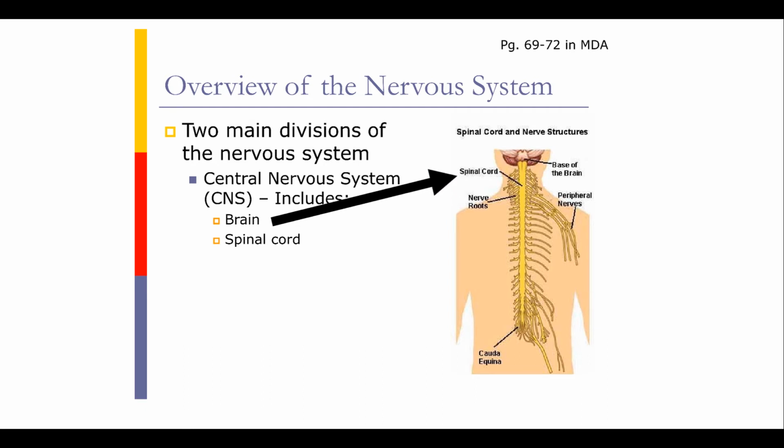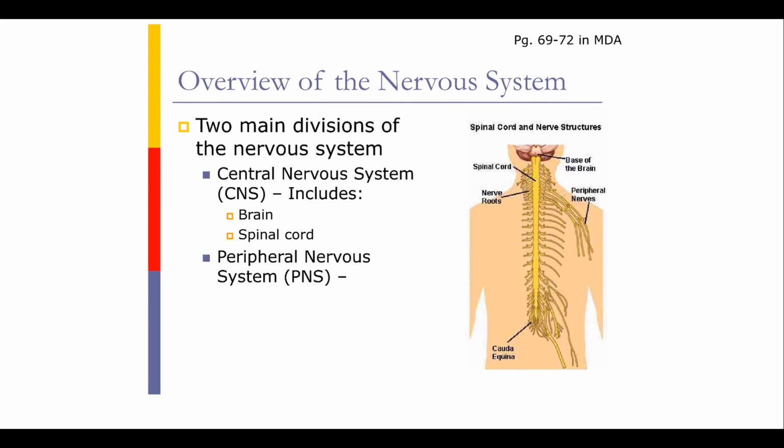So CNS, two parts: brain and spinal cord. Obviously, central means in the middle, so pretty easy here. The central nervous system includes the main component, your brain and your spinal cord, and all the nerves branch out from there.